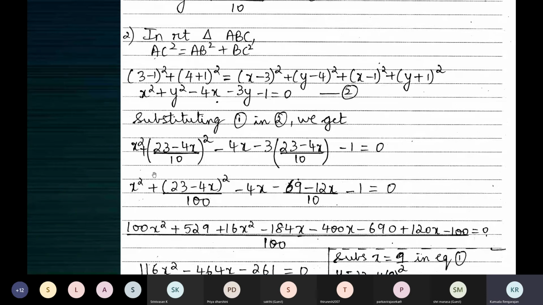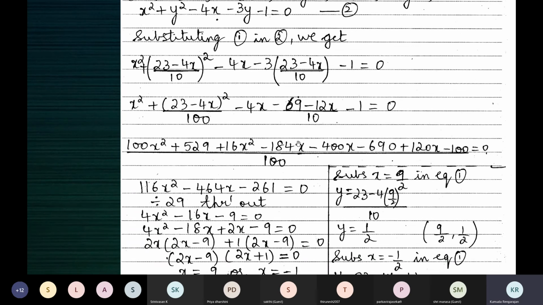X square plus square the numerator, (23 minus 4x) the whole square. Square the numerator, square the denominator, 10 square is 100. Minus 4x, this minus as it is. Multiply 3 inside. 3 into 23 is 69. 3 into minus 4x is minus 12x. Minus 1 is equal to 0.